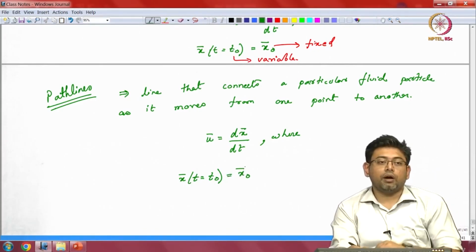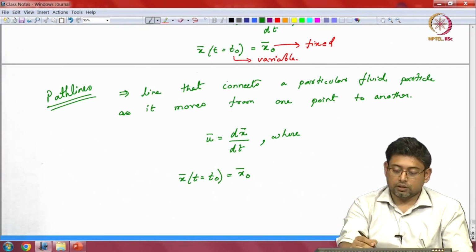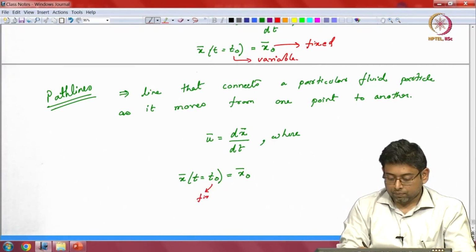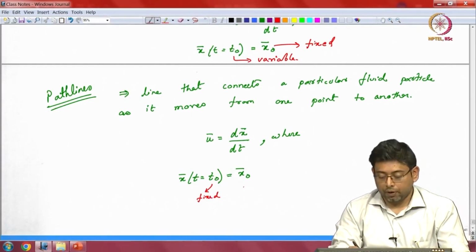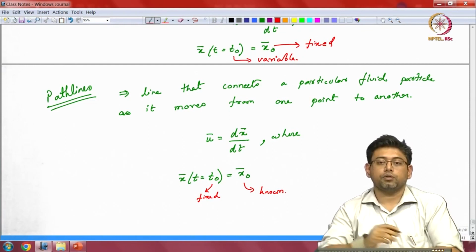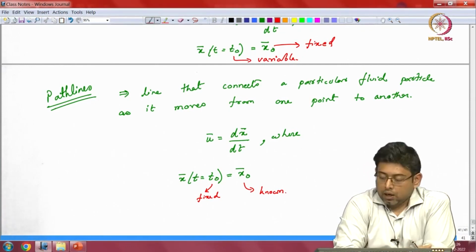So, you have to give the right initial condition, right. So, this x naught has to be known for you to be able to solve.